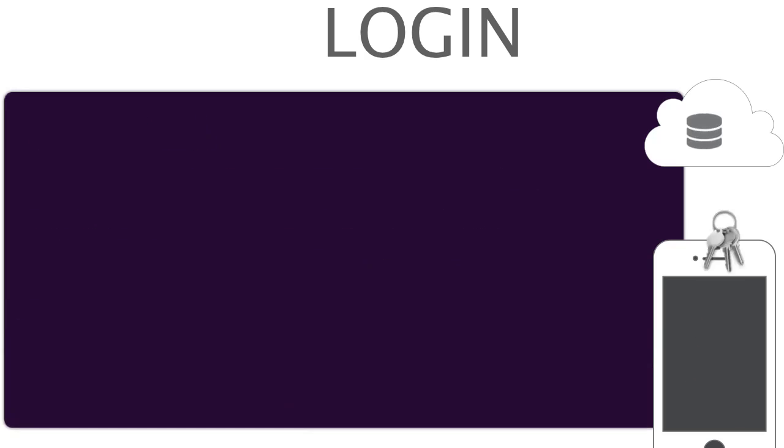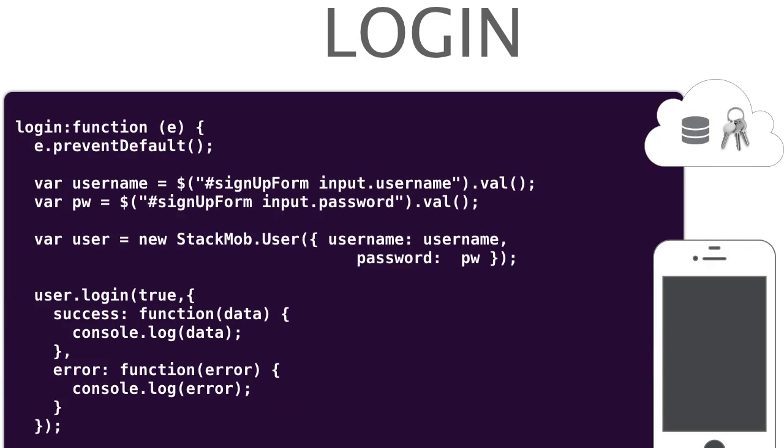But this time, instead of calling create, you'll call user.login, and you'll pass in an extra argument. You'll set a Boolean value of true. This will keep the user logged in between sessions, between refreshes of the browser. And then of course you get the success and error callback handlers.